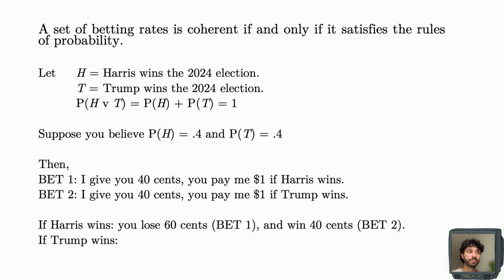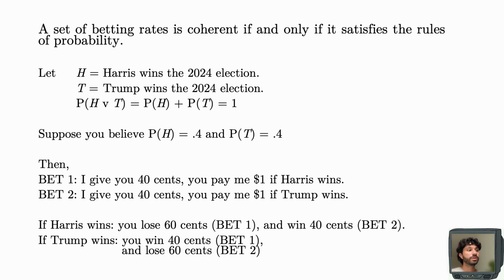From the second bet, you win 40 cents because I give you 40 cents and you give me back the dollar if Trump wins, but Trump didn't win, Harris did, so you get to keep those 40 cents. So you lose 60 cents from the first bet and you win 40 cents from the second bet, but then you end up losing 20 cents, right? So that's not great. So let's see if you can fare better if Trump wins.